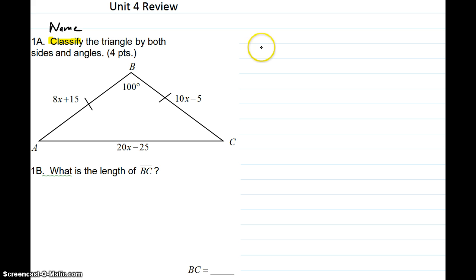So as I look at this triangle, I'm going to name it by its sides, and I'm going to name it by its angles. So when we name a triangle by its sides, we have three choices. We have scalene, isosceles, and equilateral.